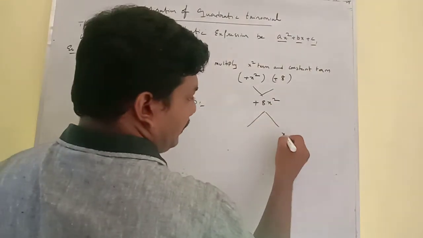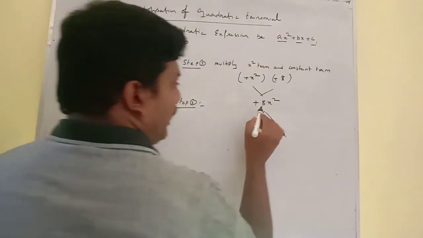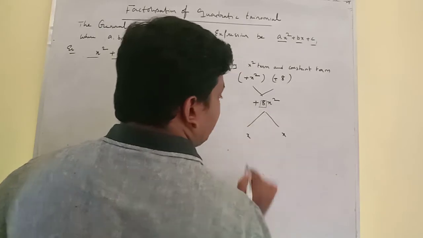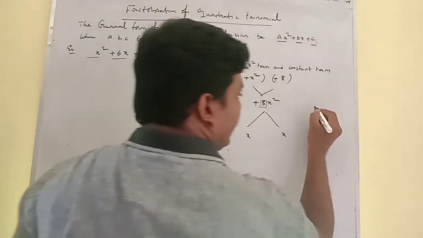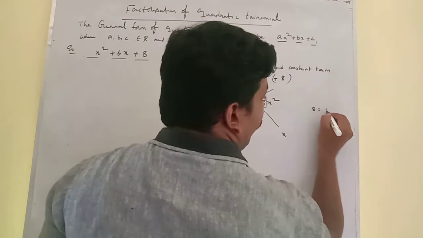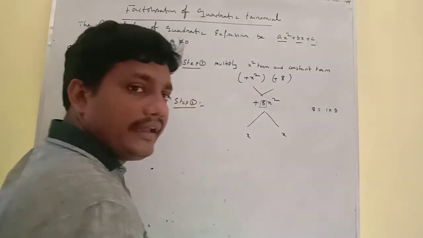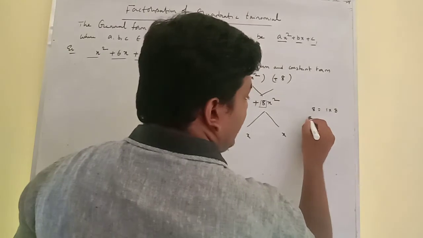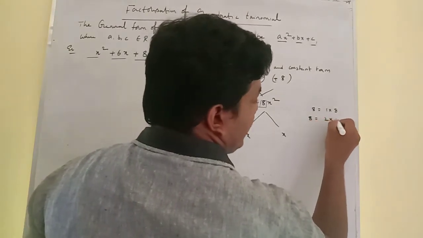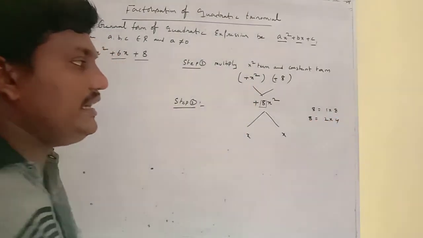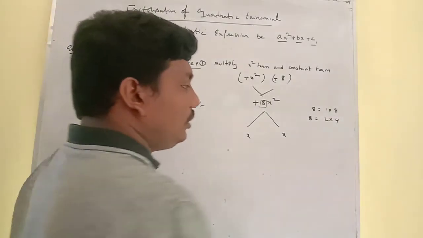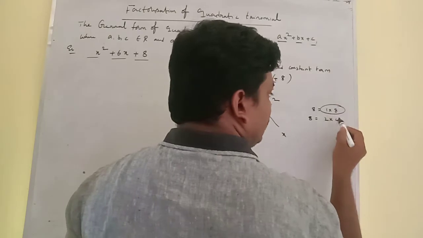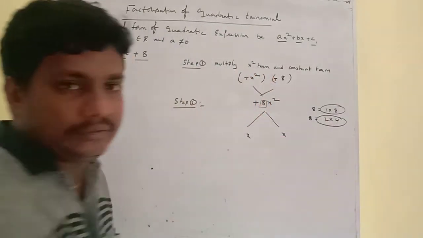Now x square will be split into x into x. Now for the number 8, the factors of 8 are 1 into 8, since 1 eight is 8, and 2 into 4, since 2 fours are 8. These are the two possibilities for the factors of 8.